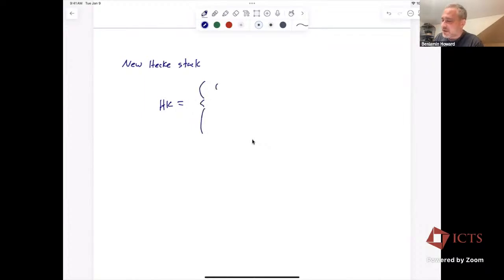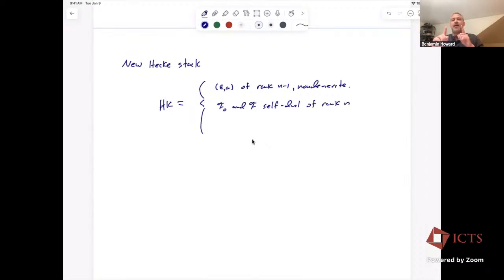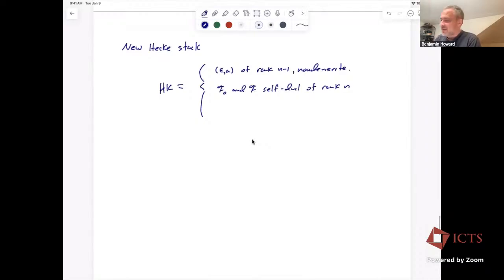It's going to parameterize a point E_A of rank n-1, non-degenerate, two rank n self-dual Hermitian vector bundles, a modification between them at some point x, and then a map from E into both of them compatible with the modification.